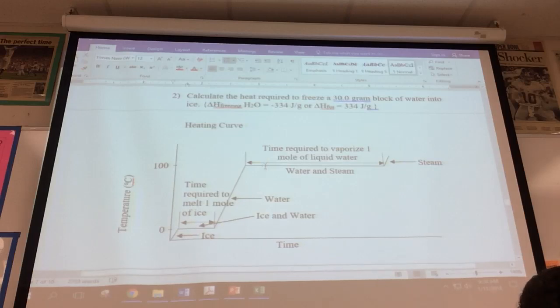Here, you're going to break them all, and as those particles leave the liquid state and fly off into the gaseous state, they start to move fast, and there's no order. And as a result, no IMFs reform. So here, you're going to break them all, and it's just going to take a little bit longer. You will find that delta H's of vaporization are larger than delta H's of fusion because of this issue.